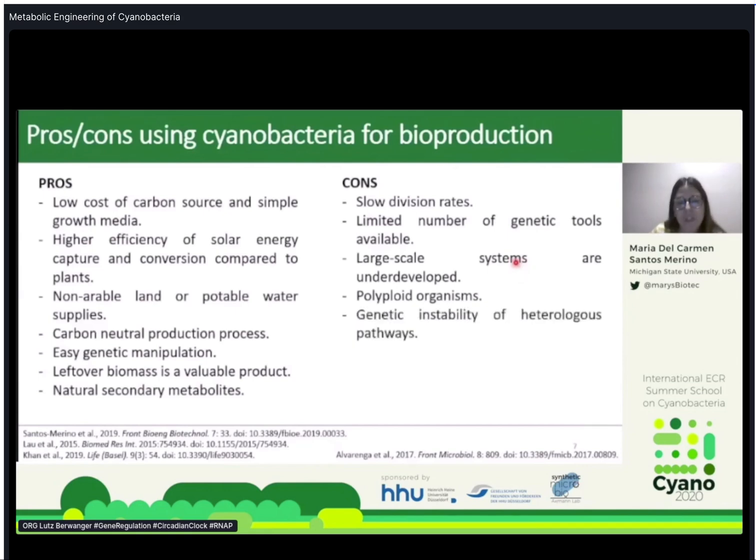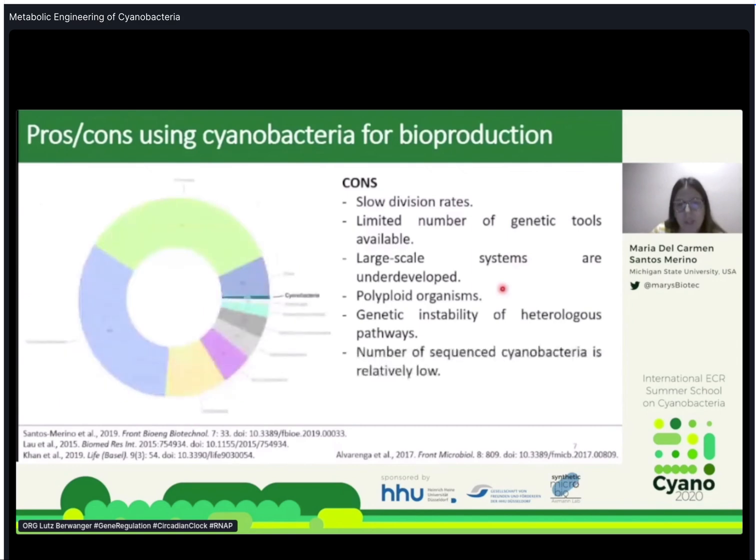And also because we introduce this modification in the chromosome, this produces genetic instability. And compared with other prokaryotic organisms, the number of sequences of cyanobacteria is relatively low. In this graph, I am showing how many sequences we have of other prokaryotic organisms, and cyanobacteria, as you can see here, the percentage is very low.